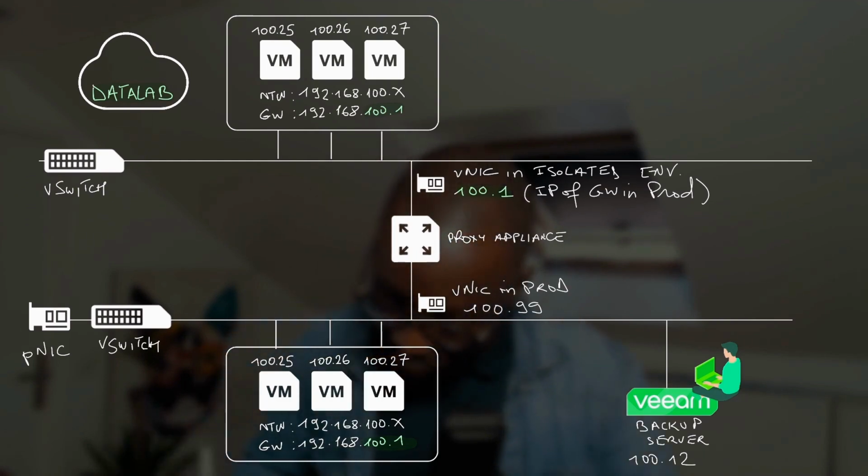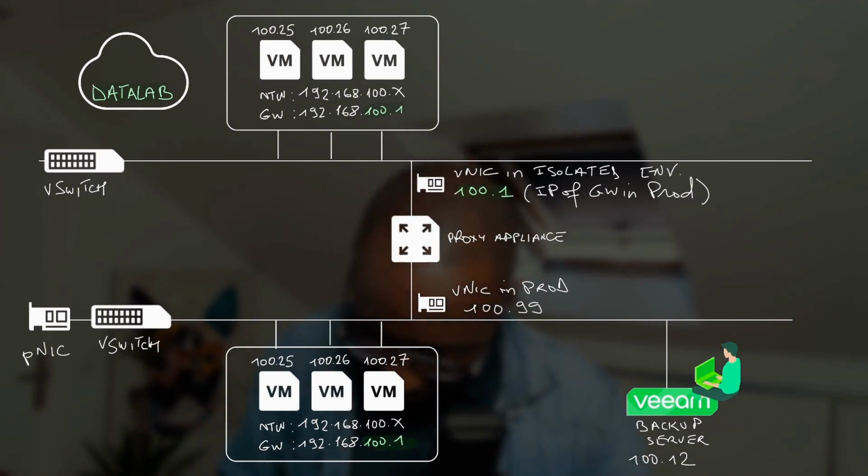So what is going to happen here is that the masquerade configuration will be done at the level of the proxy appliance, and we will have something like this on it. We will write a rule like this: masquerade IP. We will use a subnet that is not in use, or a subnet that is available in the environment.